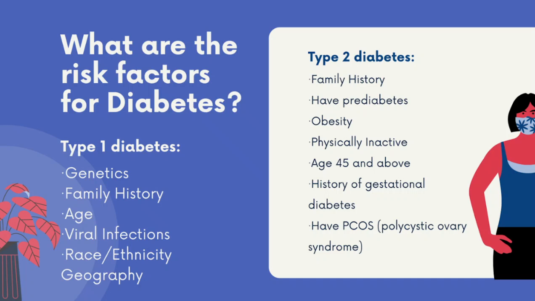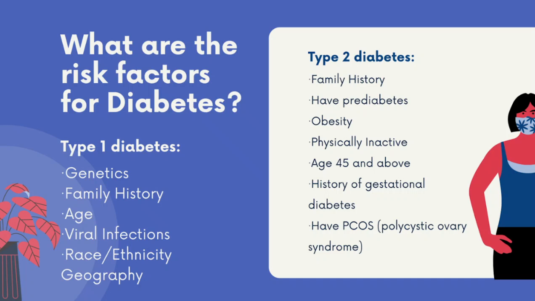Now, viral infections. According also to researchers, certain viruses may trigger the development of this type by causing our immune system to turn against the body. Common viruses that are believed to cause type 1 diabetes are rubella or German measles, mumps, and Coxsackie. According to researchers also, some races and ethnicities have higher rates of developing type 1 diabetes.